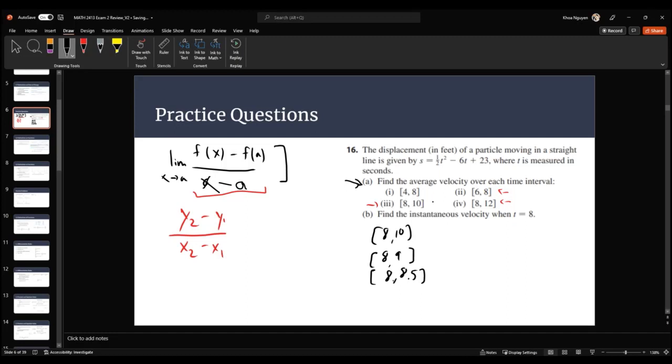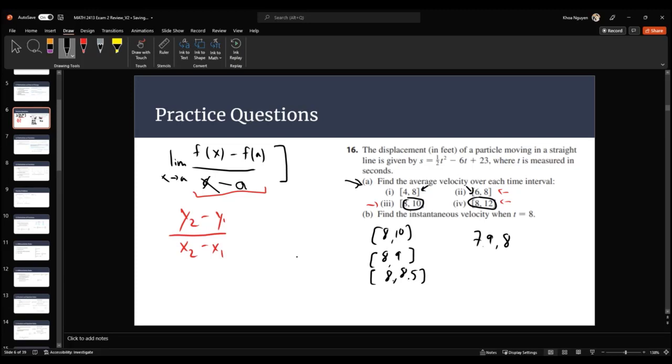So for example, this guy should be closer than this guy to our instantaneous velocity. And similarly, this guy should be closer than the 4 to 8, because the 6 to 8 is like a narrower range. And as you get closer and closer to 8, so for example, like let's say 7.98, that should be fairly close to an instantaneous velocity.